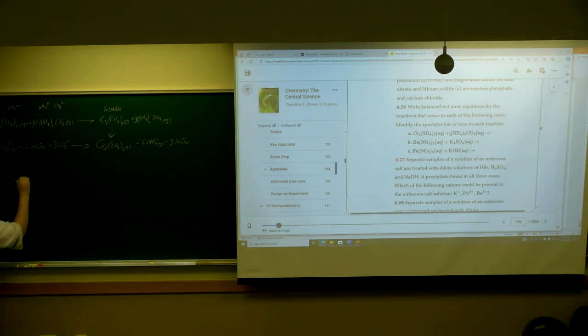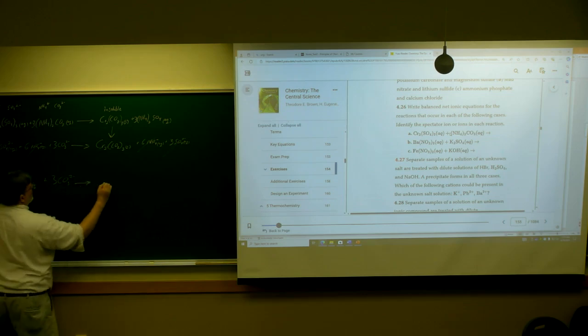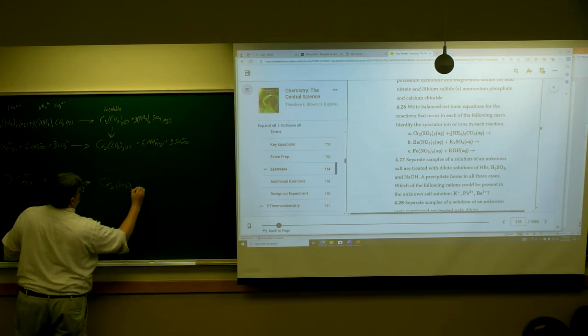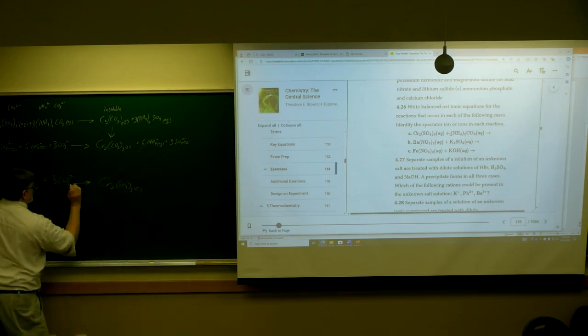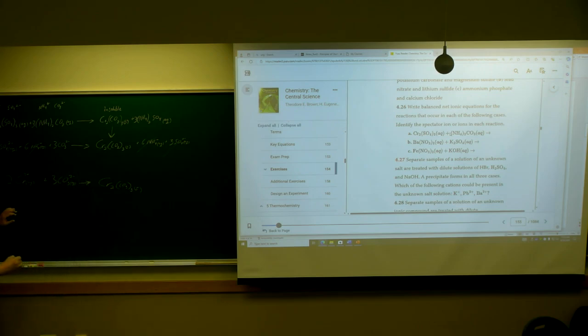So the net ionic is 2 Cr aqueous plus 3 aqueous. Kind of a long walk. That's how you solve these.